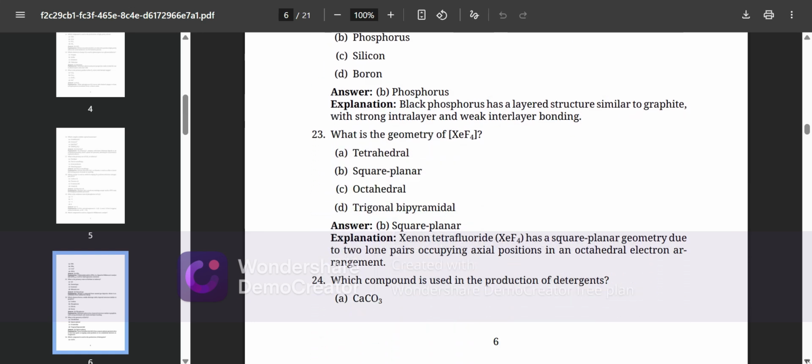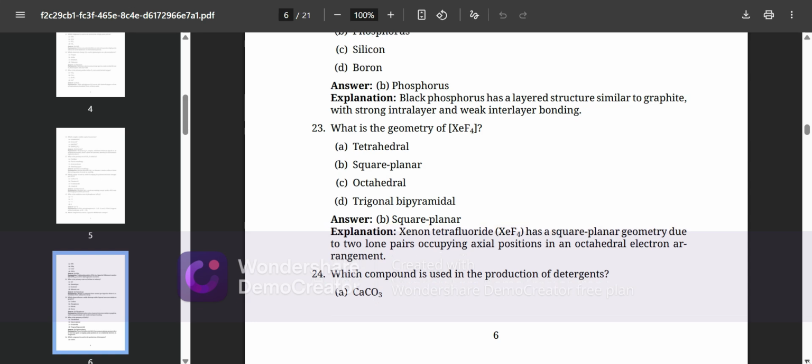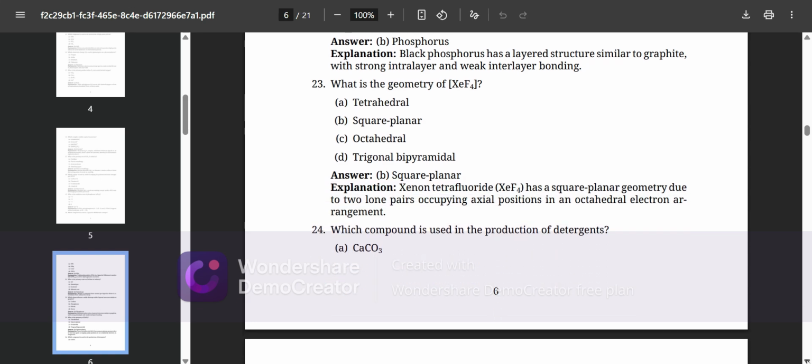Black phosphorus has a layered structure similar to graphite with strong intralayer and weak interlayer bonding. What is the geometry of XeF4? Square planar. Xenon tetrafluoride, XeF4, has a square planar geometry due to two lone pairs occupying axial positions in an octahedral electron arrangement.